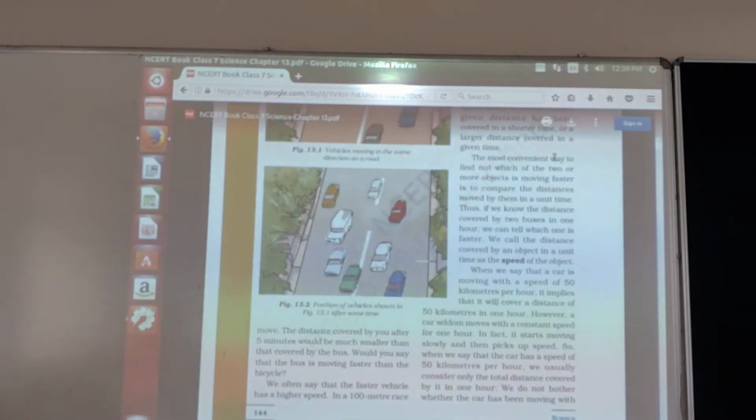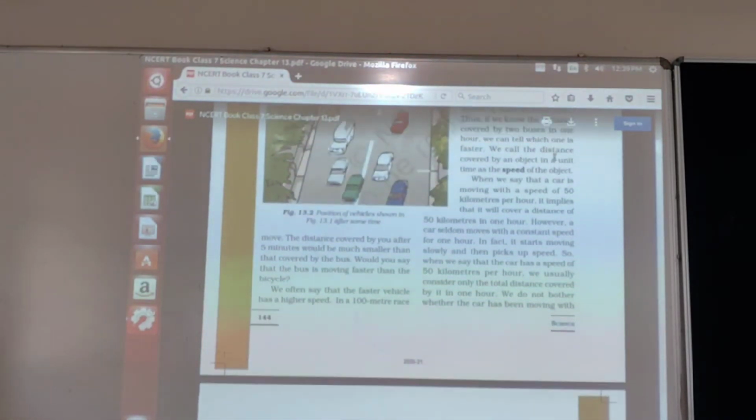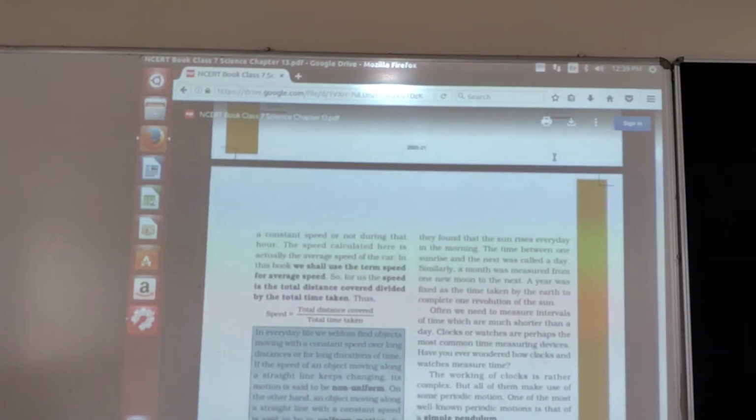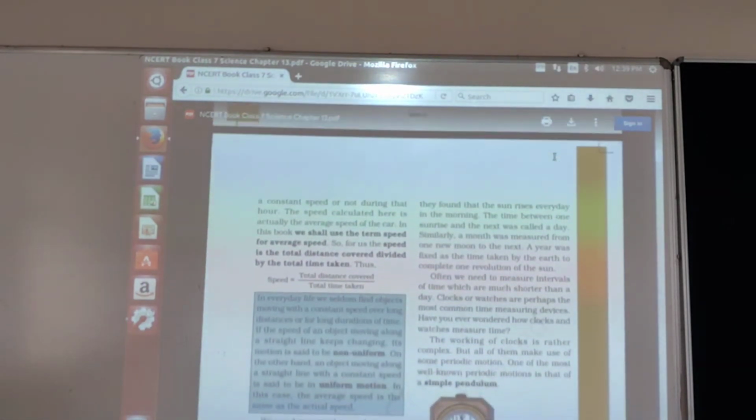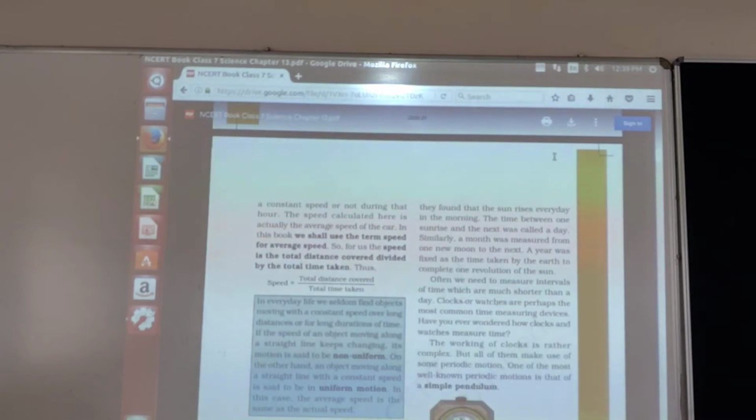Let's move next. On the next page we can see that here we shall use the term speed for average speed. Speed is the total distance covered divided by the total time taken.